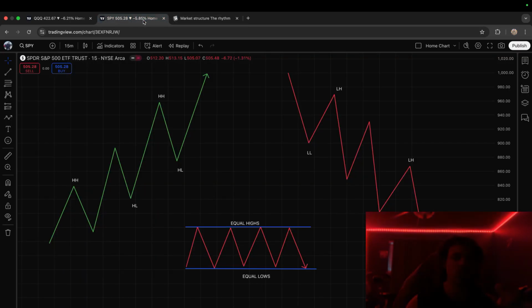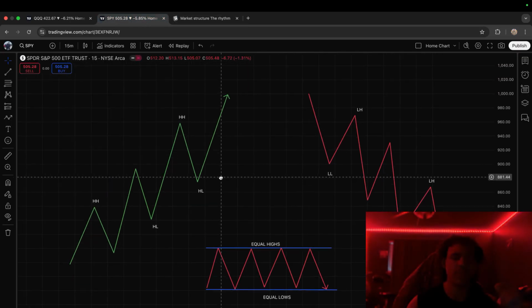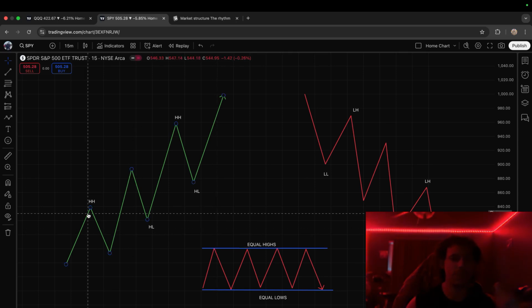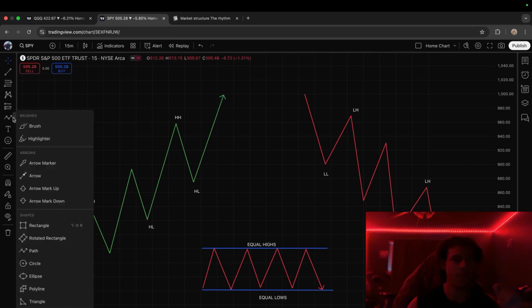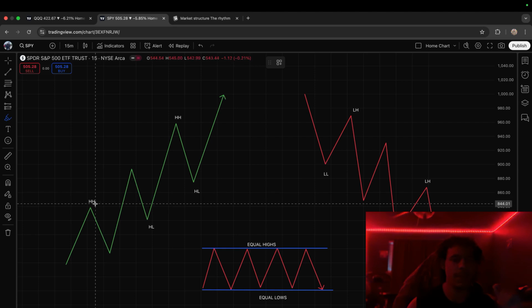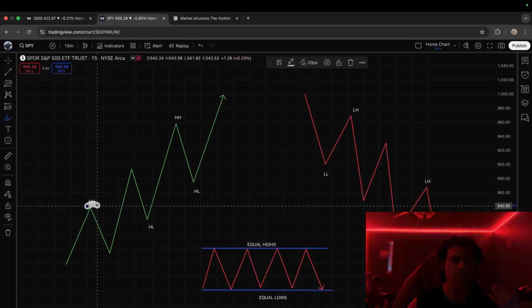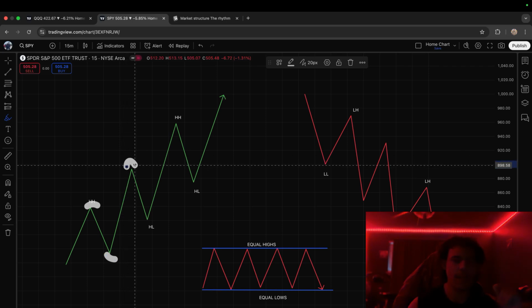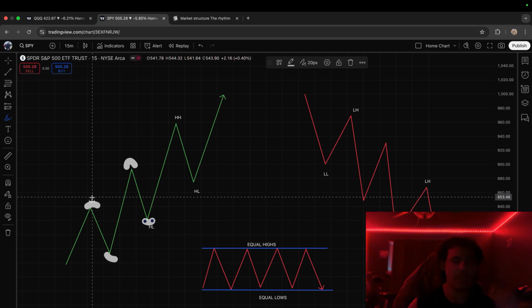Okay, so we can see right here in the uptrend, which is the green one, right? We have a high, and let me pull out my highlighter. So we have a high, we have a low, we have a higher high, we have a higher low, which is also why I have these HL and HH's right here.